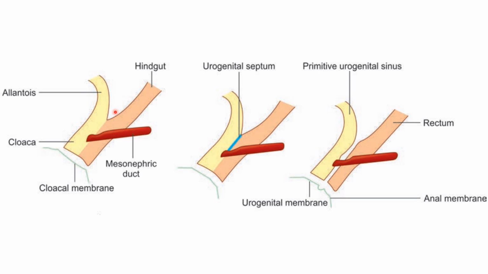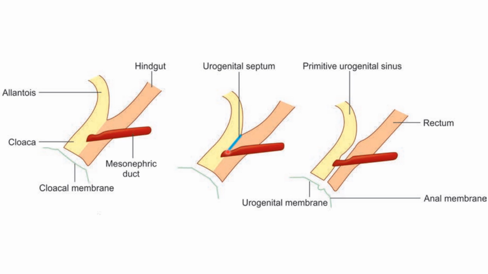We will move on to see the development of external genitalia in male and female. So this diagram is already familiar to you. This will be the endodermal cloaca region. We can see the urorectal septum over here. That urorectal septum is developing towards the exterior, and at this region we have the cloacal membrane, which is having endoderm and ectoderm alone. There is no intervening mesoderm.